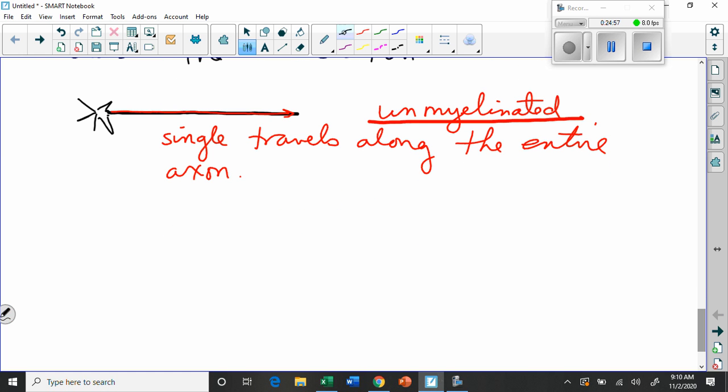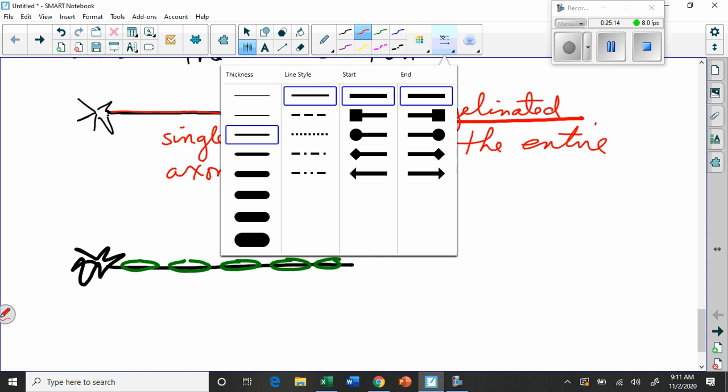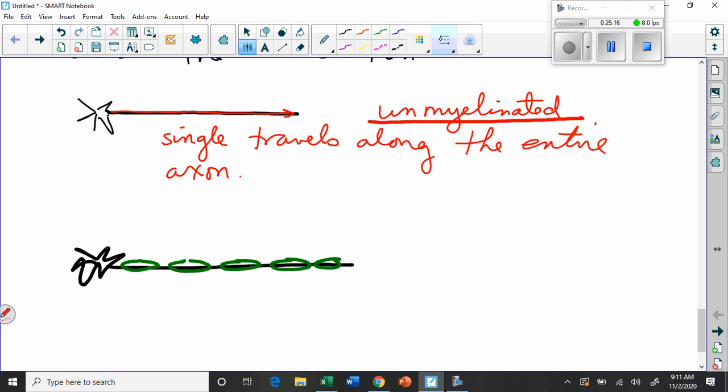If you have a myelinated nerve cell, and you have an axon, travels this way, and I'll just draw the little bits of sort of myelin separated by the nodes of Ranvier. Then what can happen is the signal can hop. Instead of traveling down the entire axon, it can hop from node to node.